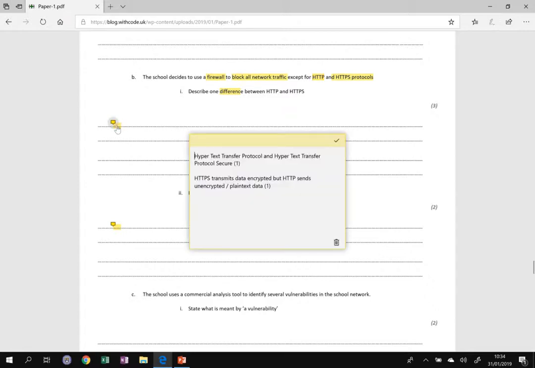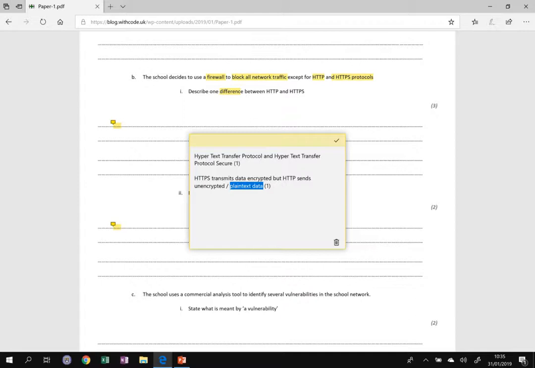So what could you say that gets you the marks? You have to say that Hypertext Transfer Protocol is HTTP, and Hypertext Transfer Protocol Secure is HTTPS. So that's your statement. The difference is HTTPS transmits data encrypted, whereas HTTP sends the data unencrypted or in plain text.